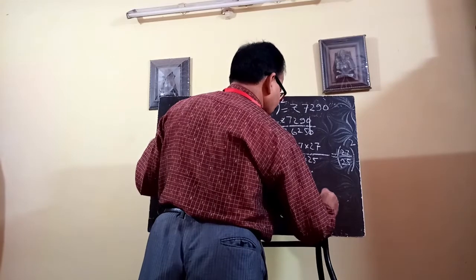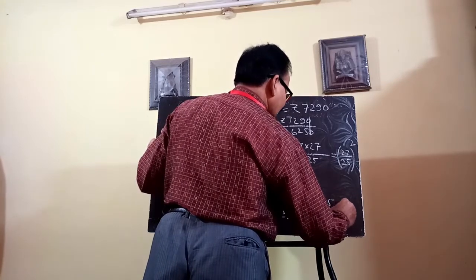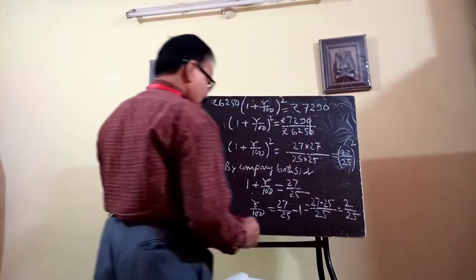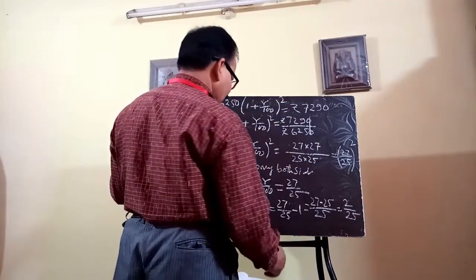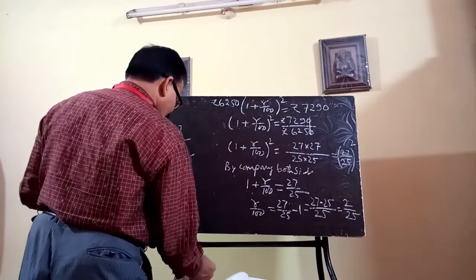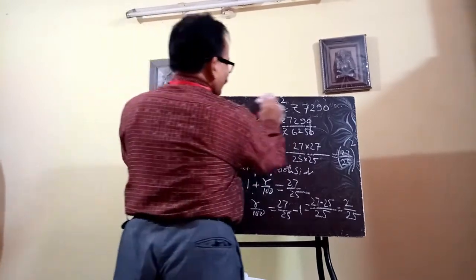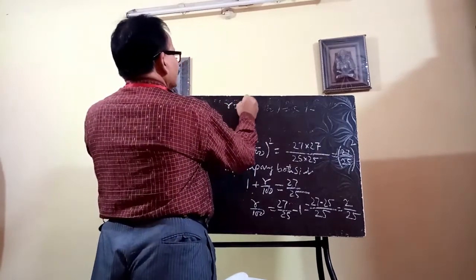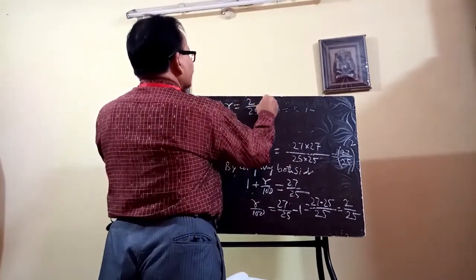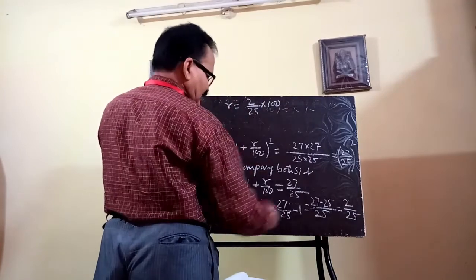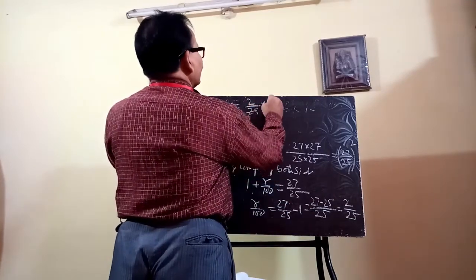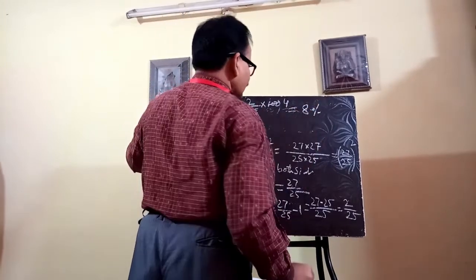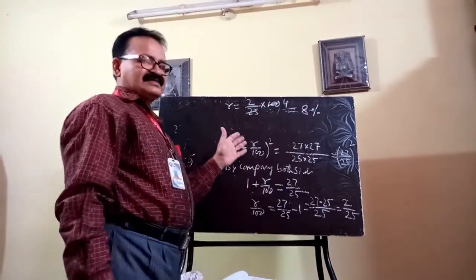So this is 27 minus 25, and lastly it is 2 by 25. So therefore your R will be equal to 2 by 25 into 100. After cross multiplication, 25 goes 4 times, so that means this is 8%. So your rate percent is 8%.